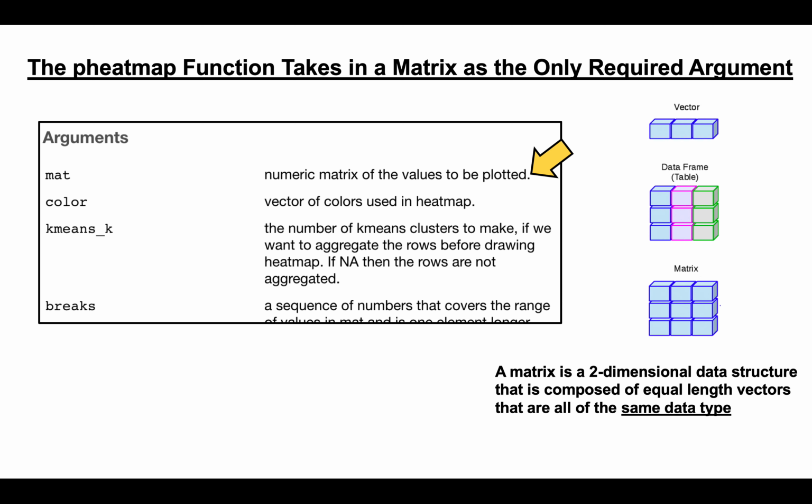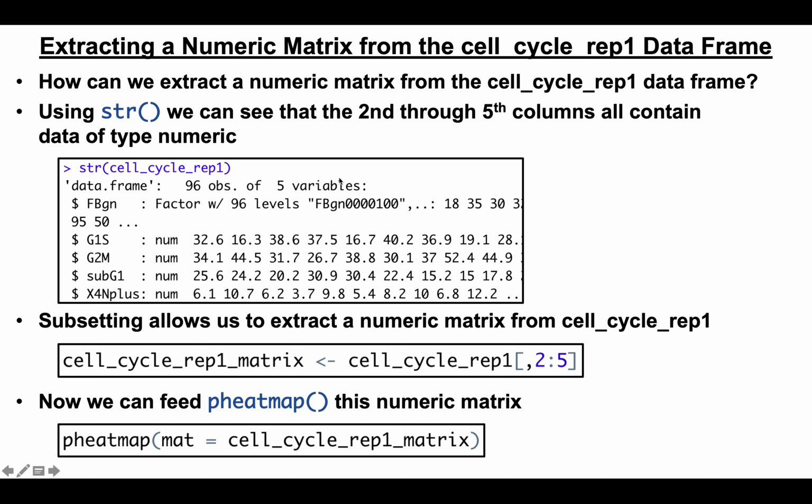So as indicated by the color here, typically we'll be working with numeric matrices. And so a numeric matrix will be made up of vectors that are all of the same length, and they all contain data of type numeric. Okay, so that's what the pheatmap function is expecting for that required argument mat.